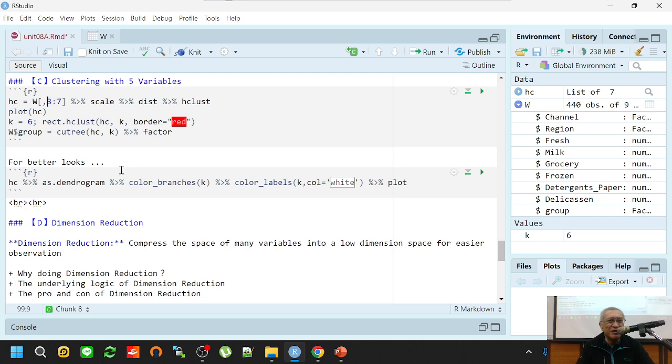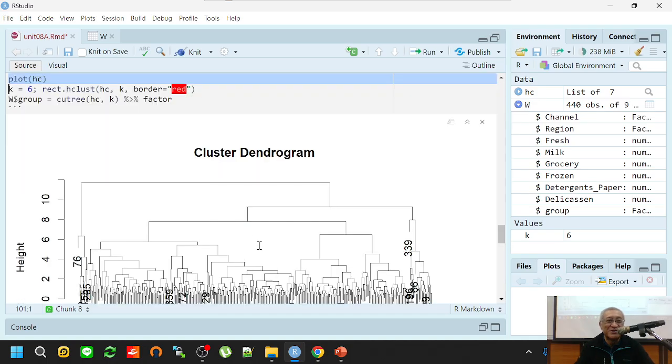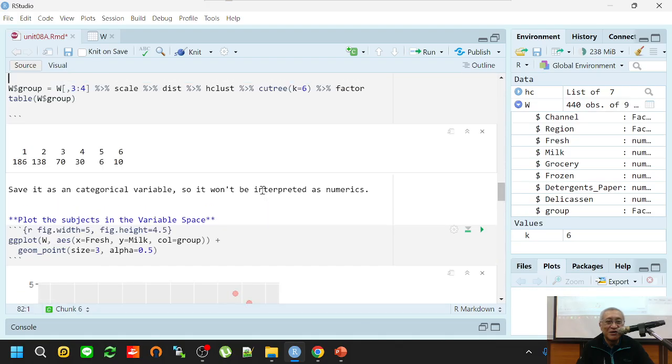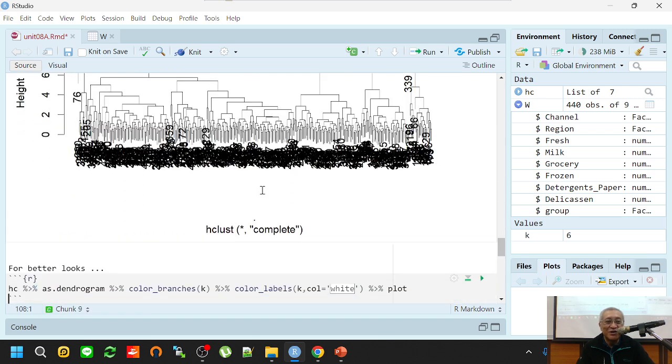Actually, you don't really need to plot this HC dendrogram. It's only for explanation purposes. In practice, I will usually simply do these 2 lines.